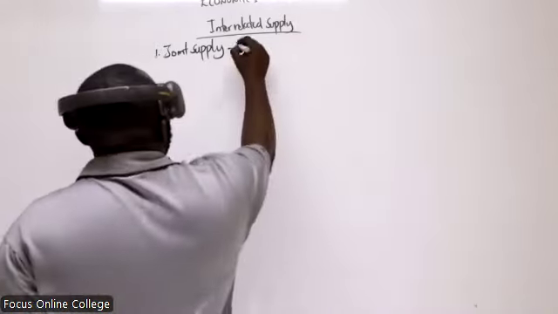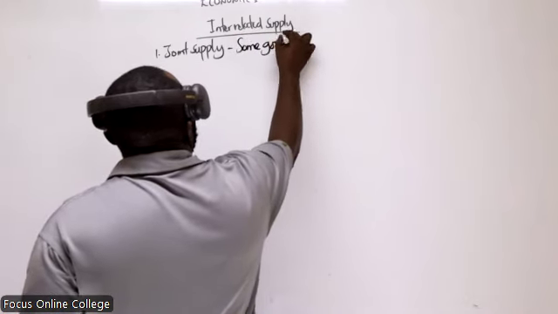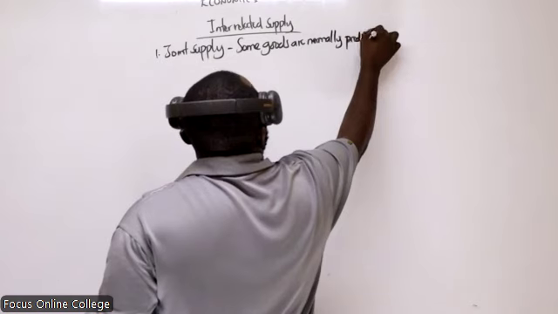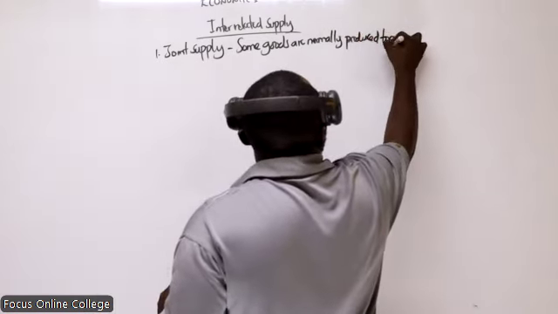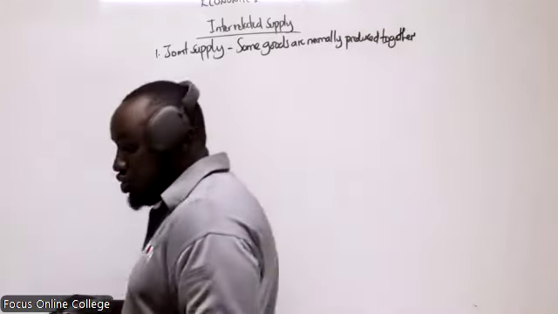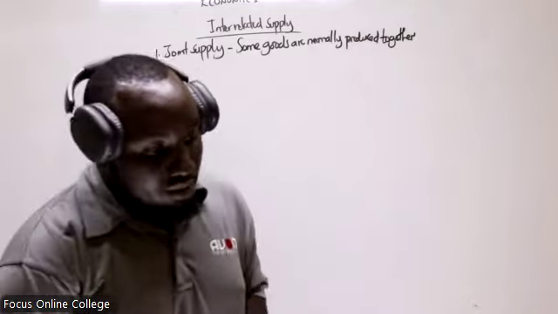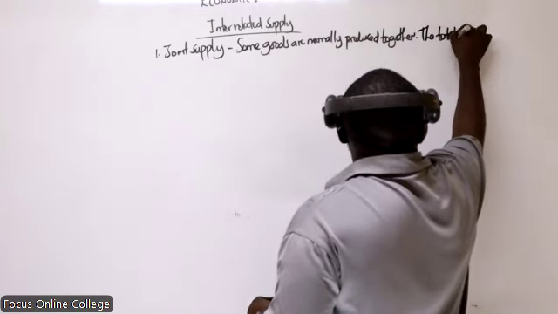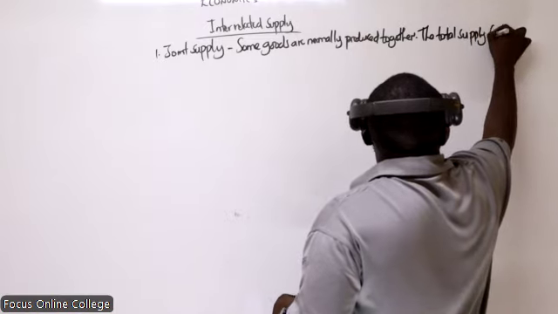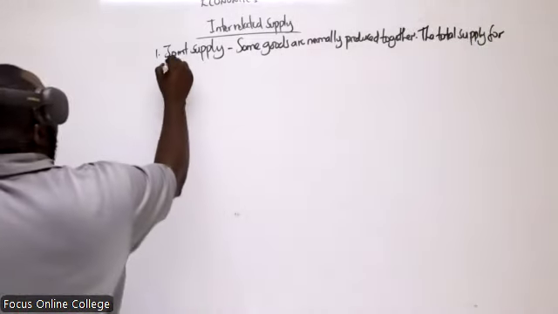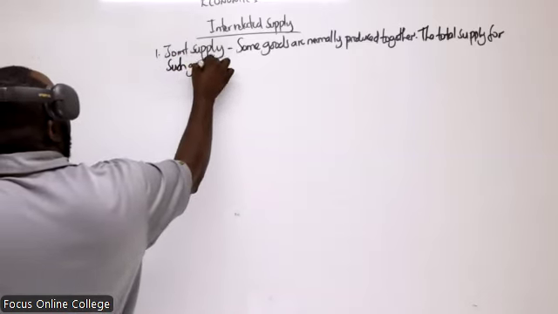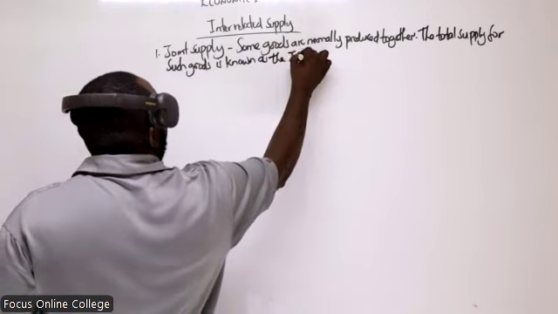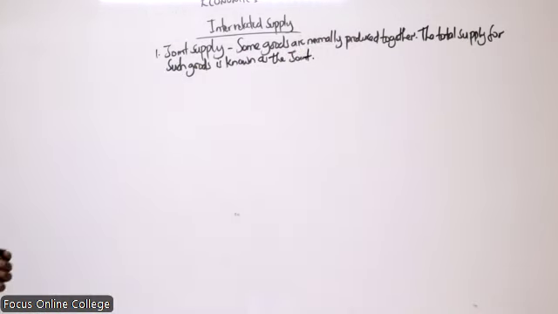Some goods are normally produced together, and the total supply for such goods is known as what we call a joint supply.